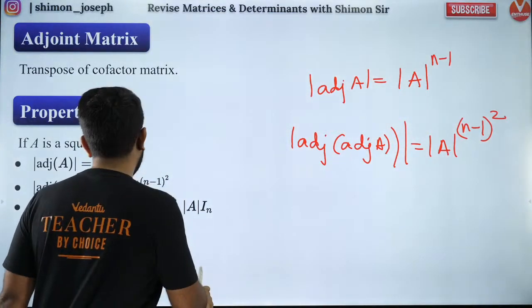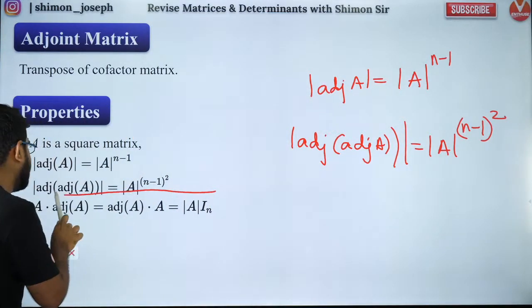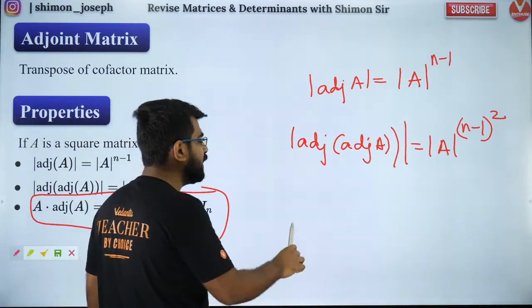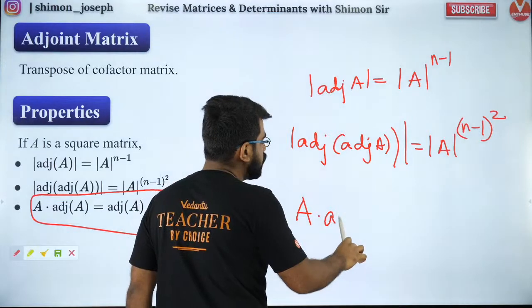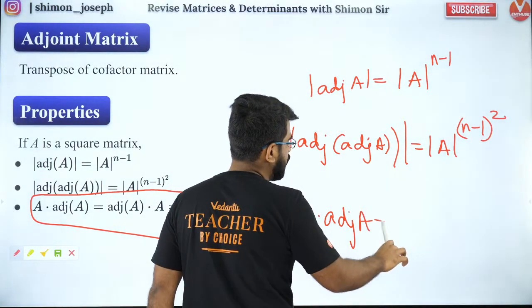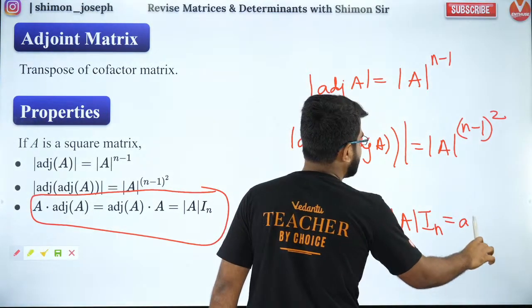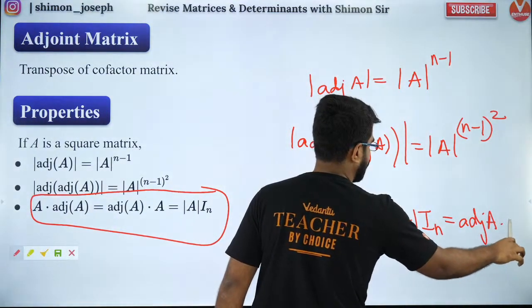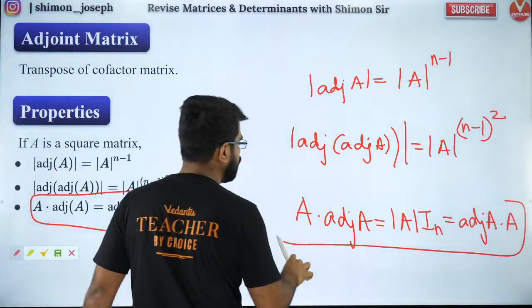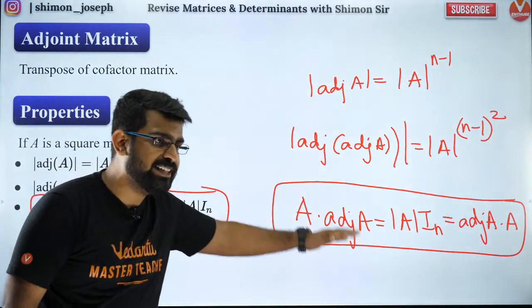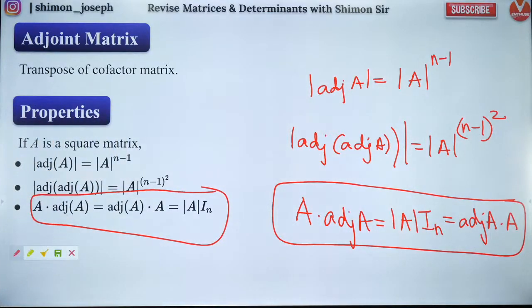And the last one is useful to find inverse of a matrix. A into adjoint of A is equal to det of A into I, and that is equal to adjoint of A into A. This is also a crucial formula. Guys, adjoint is very important. All the three formulas, you have to make a note of it.